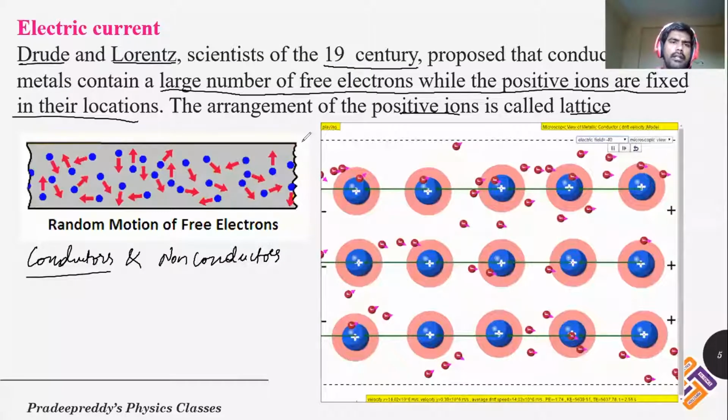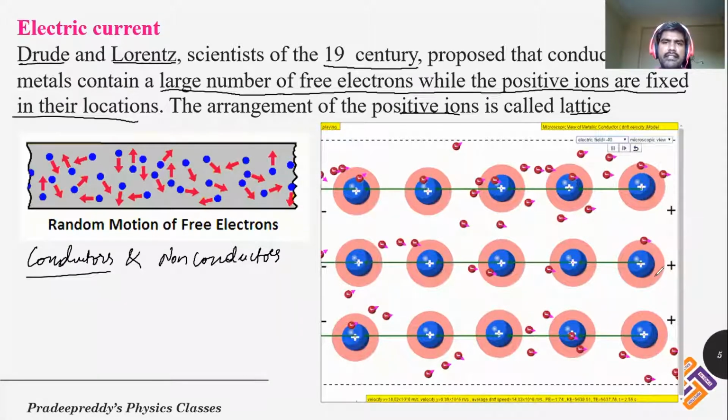Drude and Lorentz studied the electrical conductivity of different materials. They found the reason why nylon is unable to transfer electrical energy and why copper is able to transfer electrical energy.